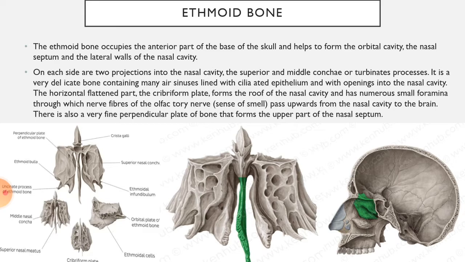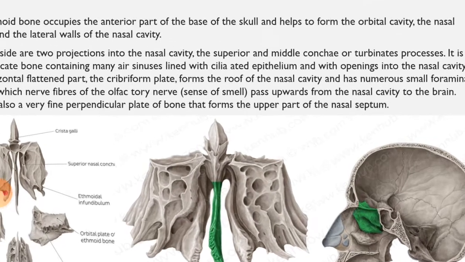It is a very delicate bone containing many air sinuses lined with ciliated epithelium and with openings into the nasal cavity. The horizontal flattened part, the cribriform plate, forms the roof of the nasal cavity and has numerous small foramina through which the nerve fibers of the olfactory nerve, the sense of smell, pass upwards from the nasal cavity to the brain. There is also a very fine perpendicular plate of the bone that forms the upper part of the nasal cavity.